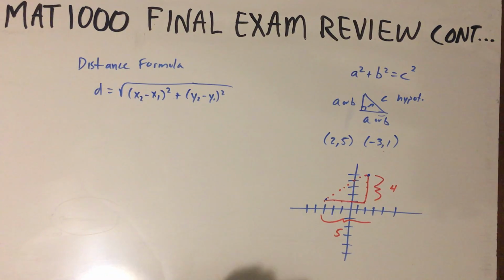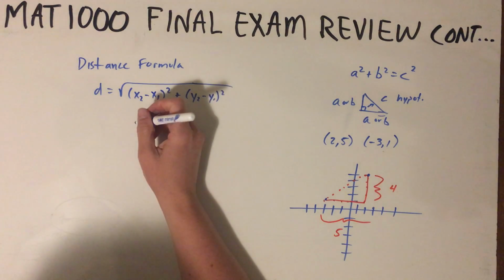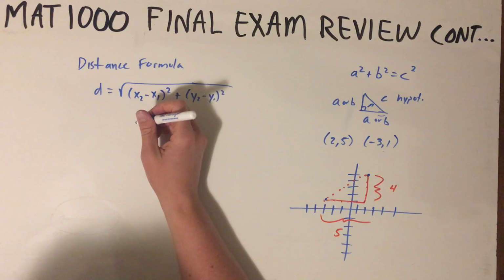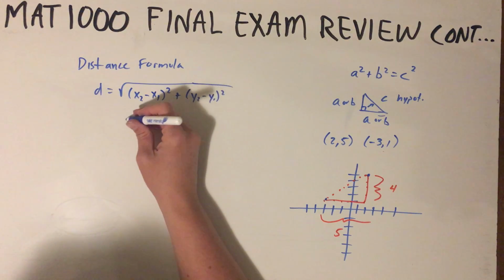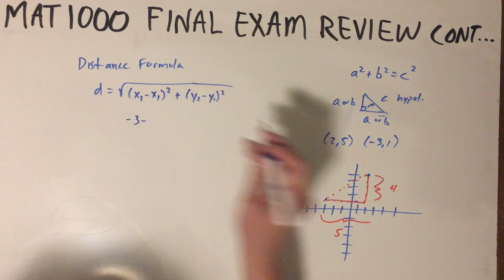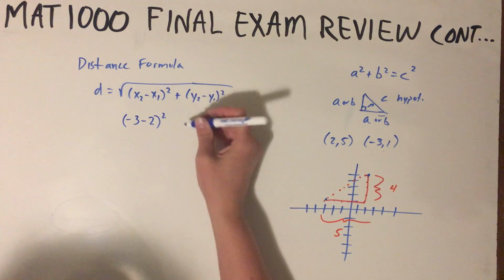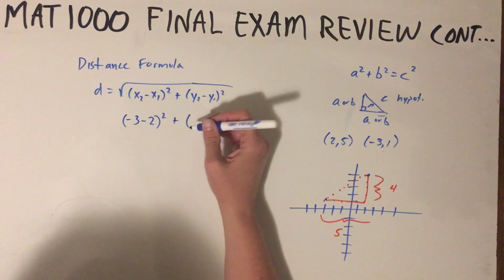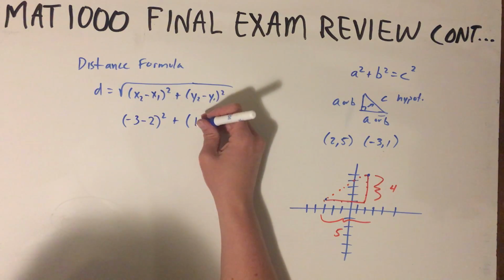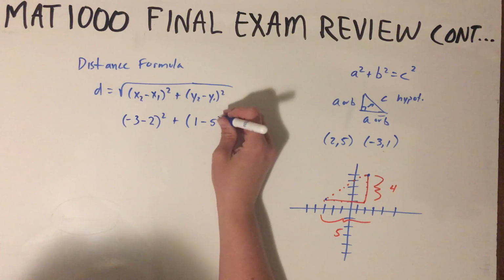So again, if I plug these points in, my x2 point is negative 3. I'm going to subtract my x1 point, which is 2, and square that. And my y2 point is 1, and I'm going to subtract my y1 point.